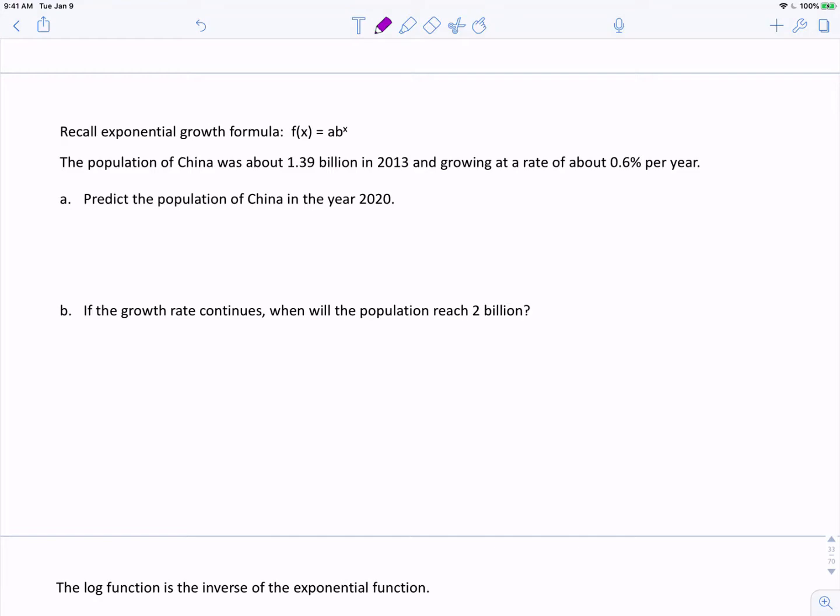So we did this problem by taking our formula, using 1.39 as our initial value, and coming up with a growth rate of 100% plus an additional 0.6% per year. That would be 100.6% per year, which we would then write as a decimal.